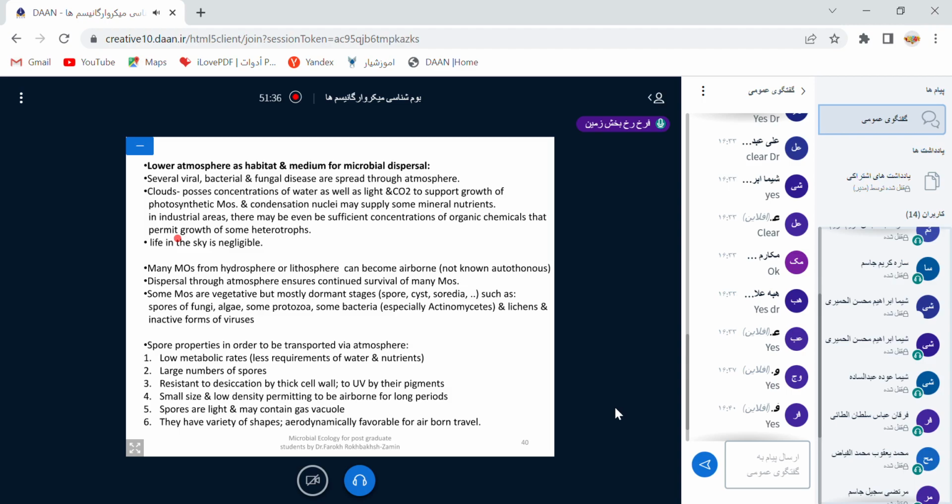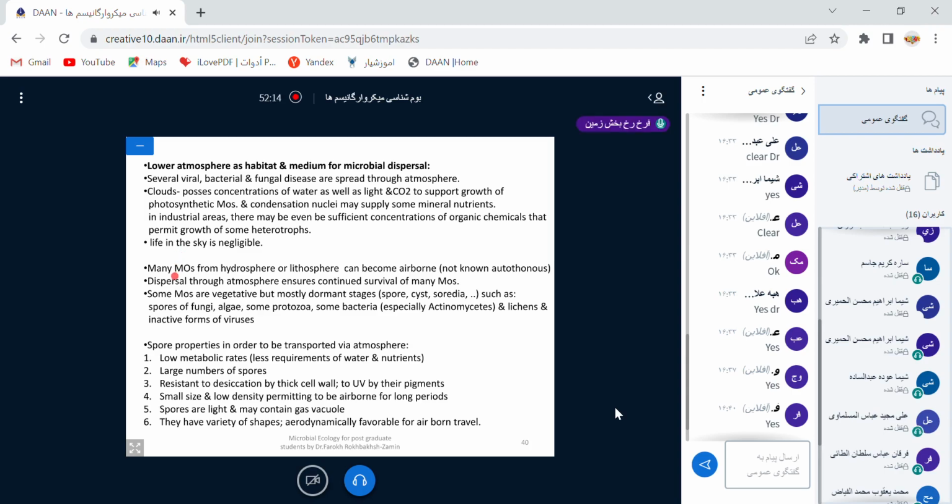But in this case also, the number, diversity, and amount of heterotrophs in the water and in the soil is not comparable with life in the air. So we can say life in the sky is negligible.